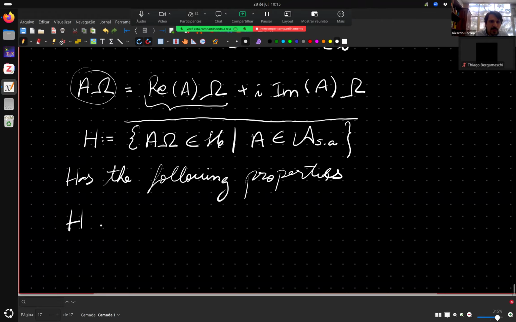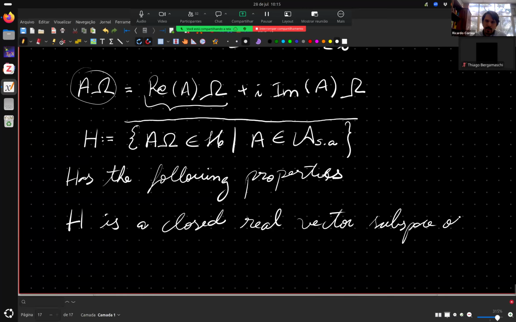First, it is a real vector space. Or, well, since I take the closure, it is a closed real vector subspace. Yeah, so one problem is it's not complex anymore.